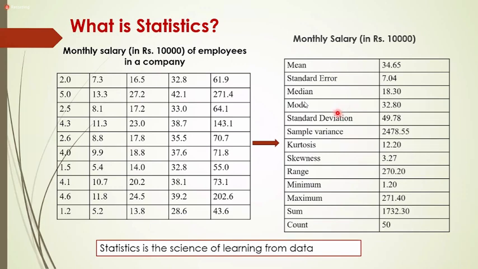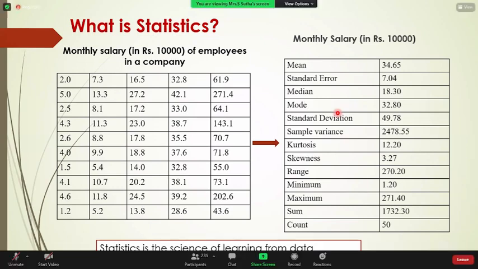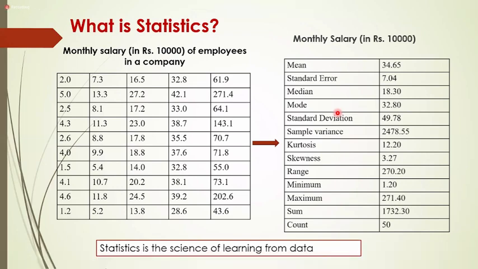Similarly, what is the mode? Now try to answer: what is the meaning of mode? First put the meaning. First you have to understand what each and every measure means, right? What is the mode? Put the answer in the chat box. Frequent number.